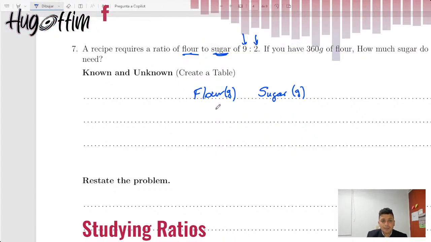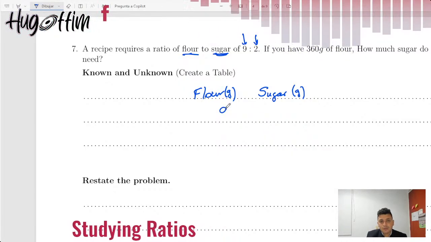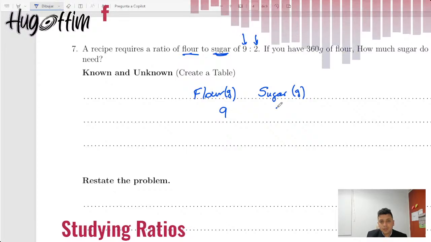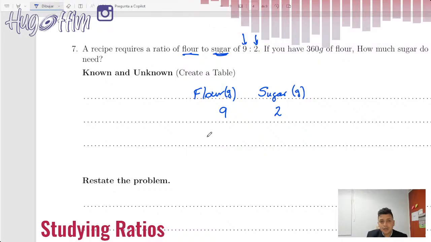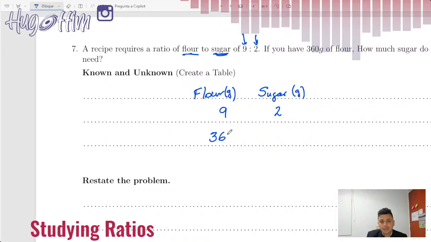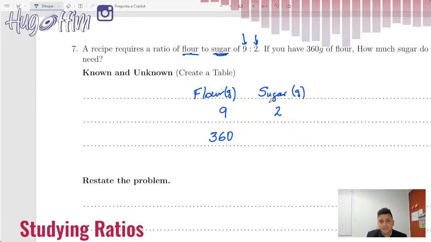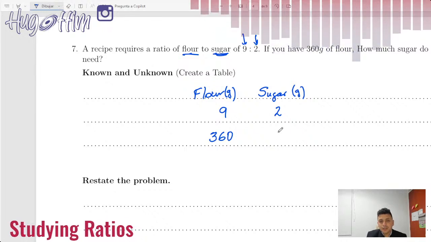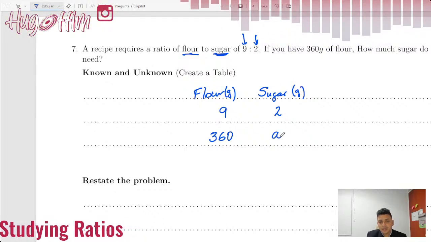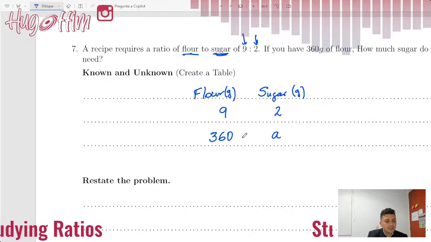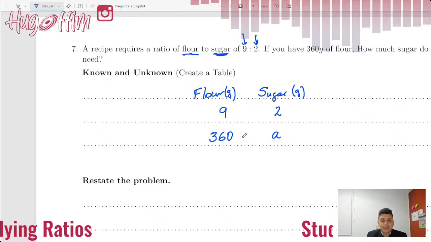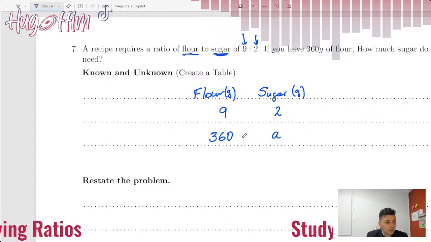So 9 grams of flour corresponds to 2 grams of sugar. And I want to know, if I have 360 grams of flour, how much sugar do we have? So I'm going to put A. This is how we can start working on our solution to the problem.